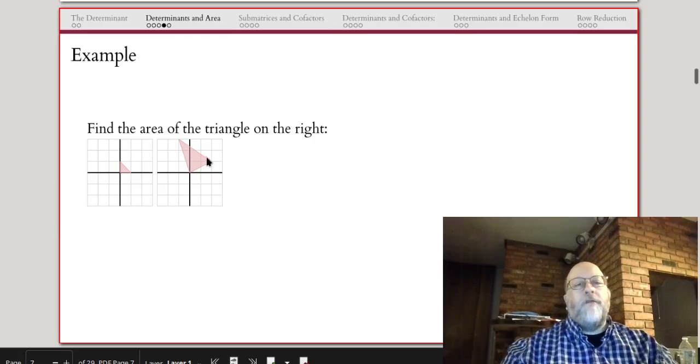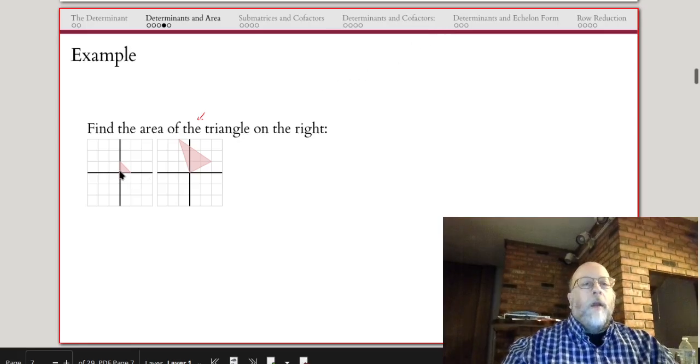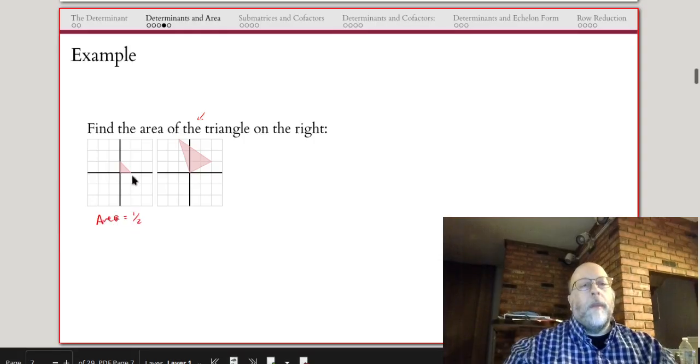Find the area of this triangle over here. So the triangle on the left, the area is 1/2. And here's E1 and E2. They're two sides of the triangle. These are the transformed versions of E1 and E2.